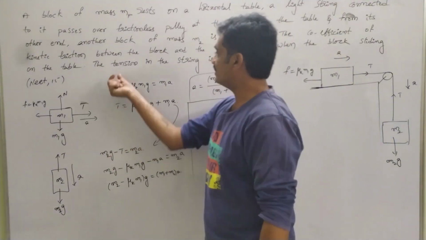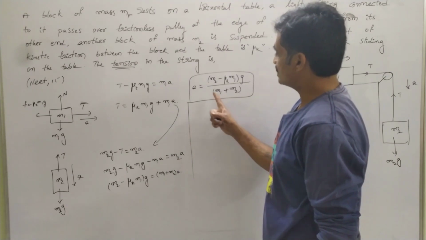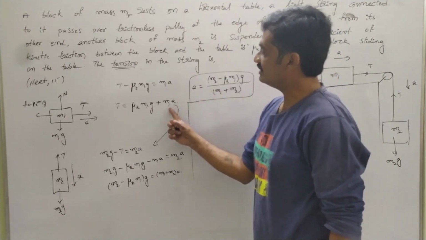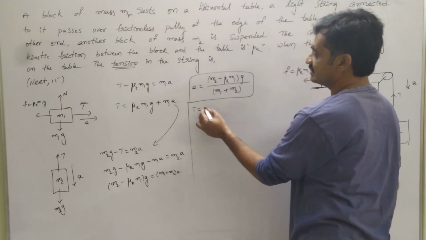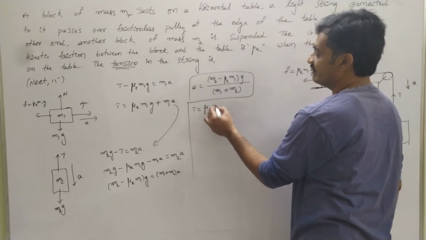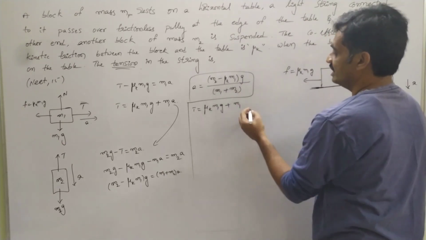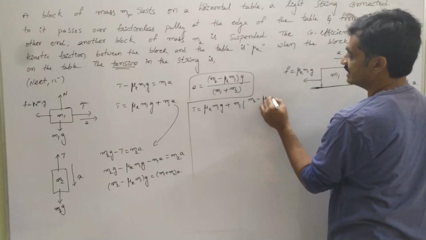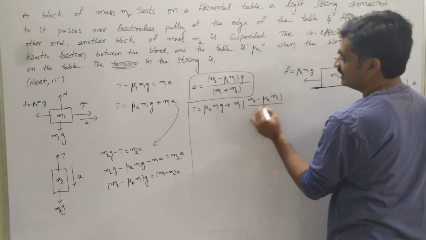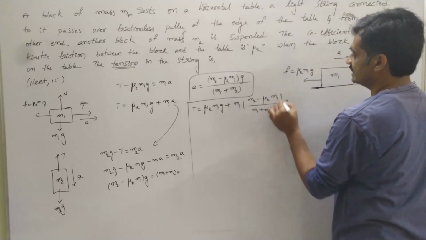Now we have to find tension. Why? Because here we had asked for the tension. So in order to find this tension, let us substitute the value of a in this equation. As we substitute here, we can represent it as T is equal to mu_k m1 into g plus m1 into (m2 minus mu_k m1) by (m1 plus m2) into g.